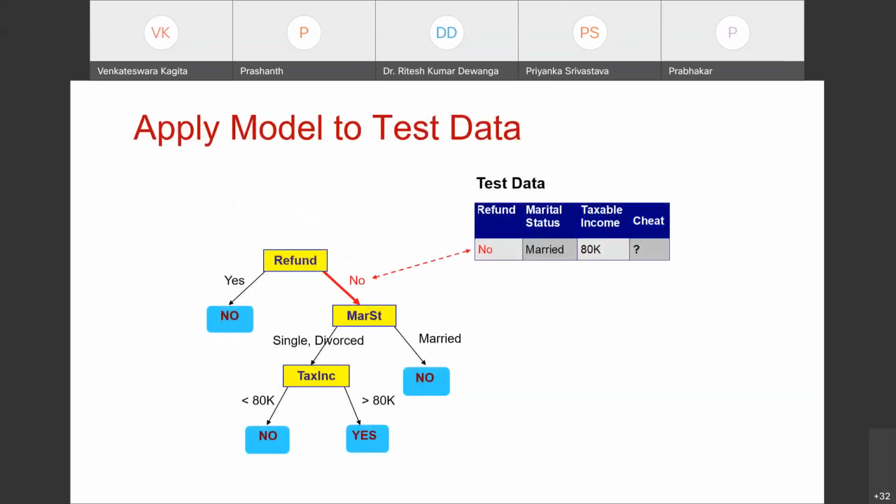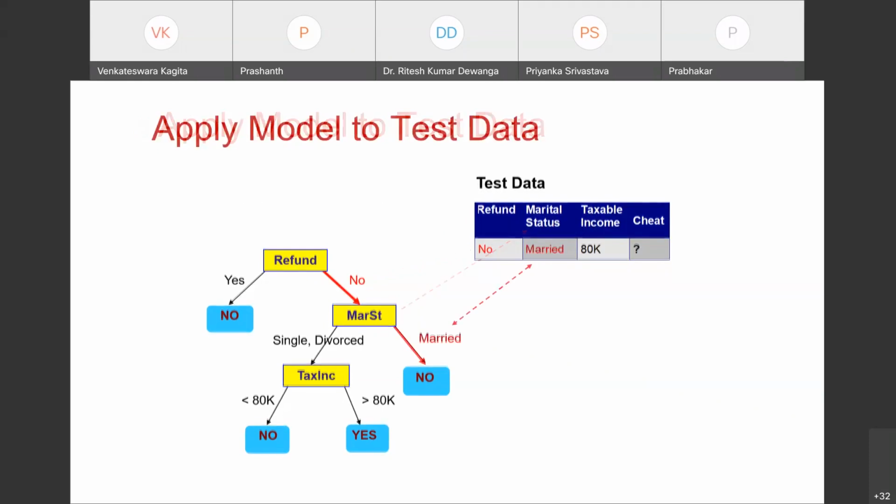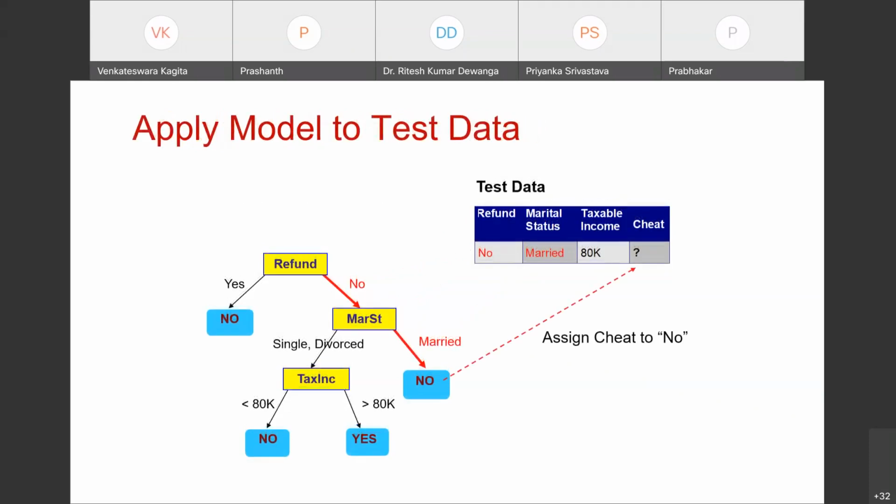Then the next attribute is marital status. The value that the test instance is taking is married, so we follow the married path. Finally, we classify as no, meaning whether he would cheat or not, we assign the label no. We assign cheat to no.